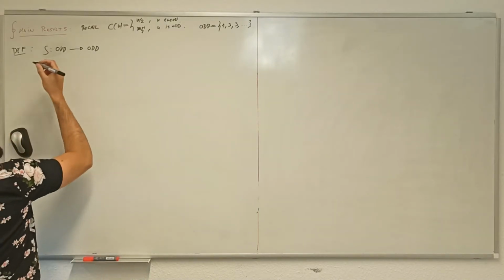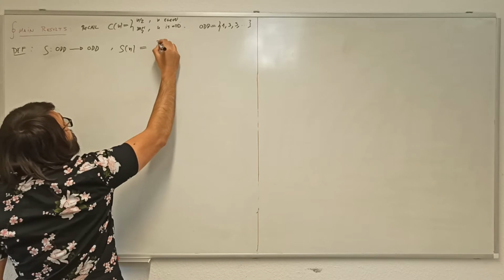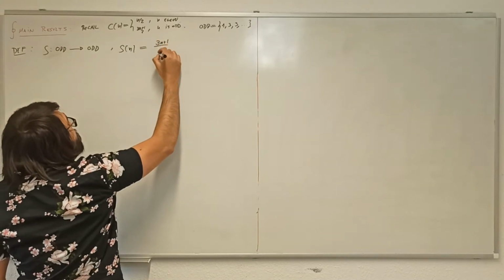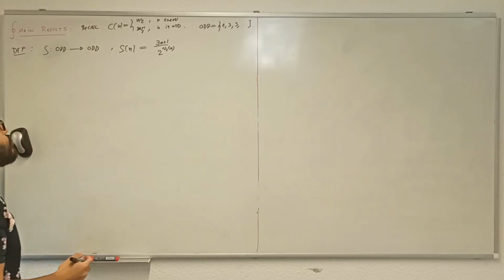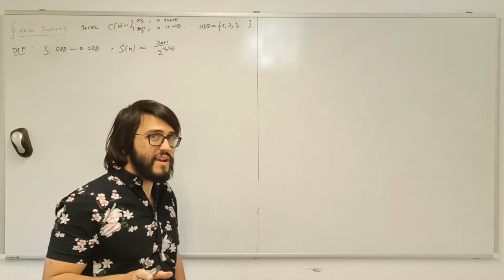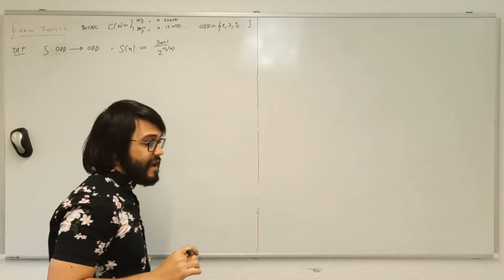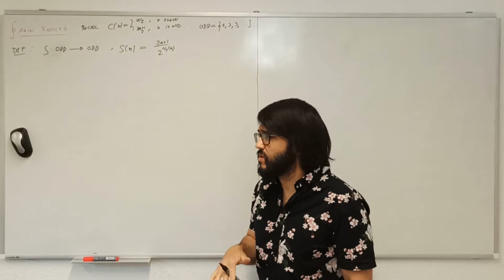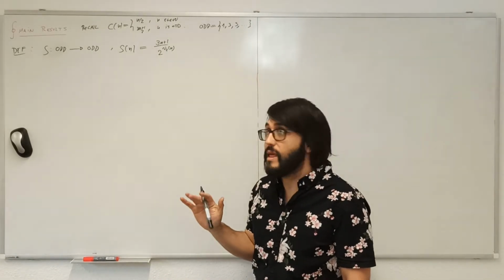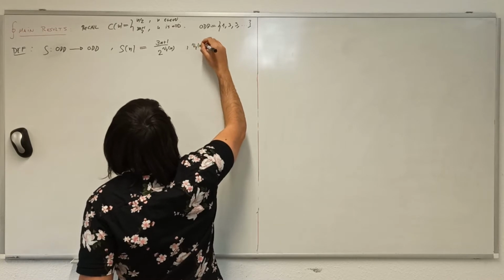It is defined in such a way that S of n equals (3n plus 1) divided by 2 to the nu 2 of n. Nu 2 of n was already defined in Crandall's paper, when I was presenting it, I think in the second or third lecture.